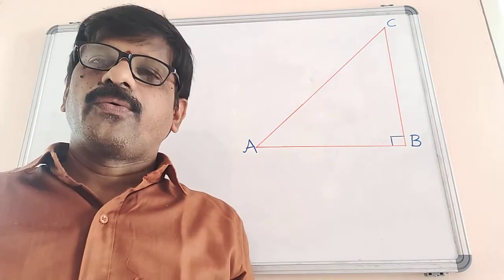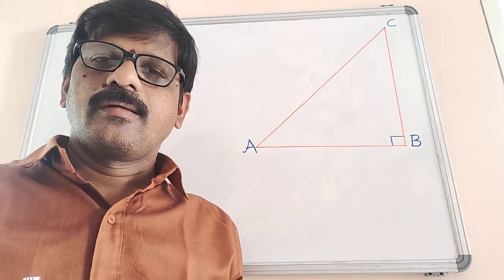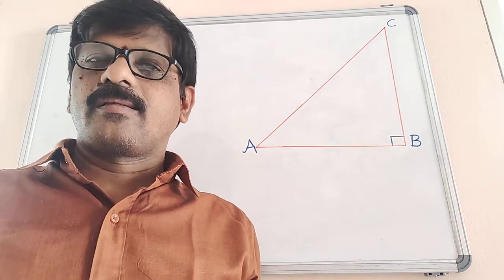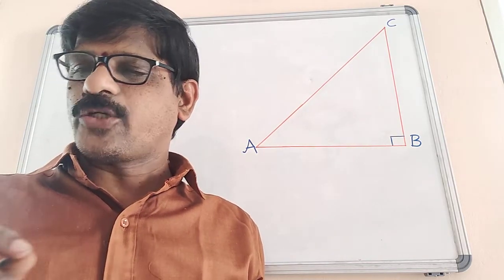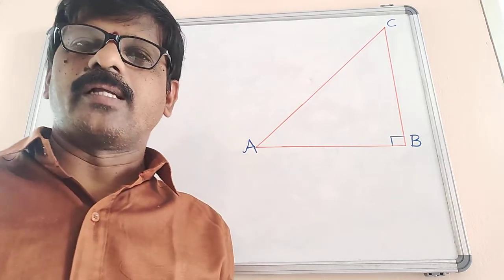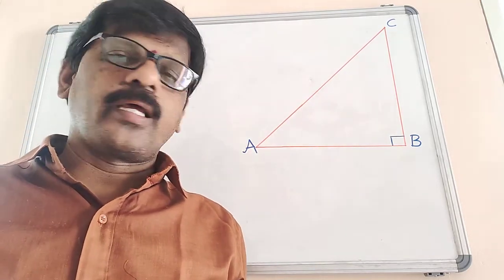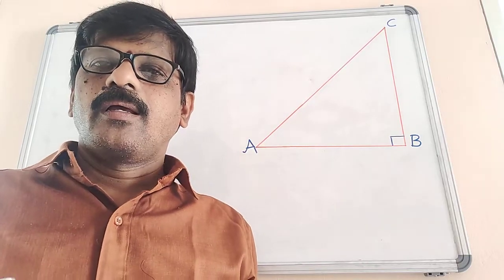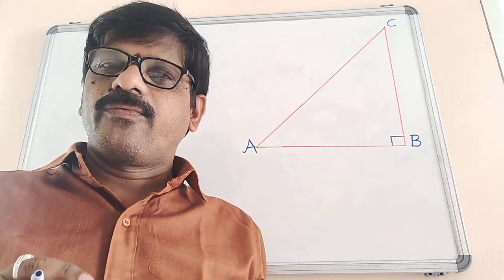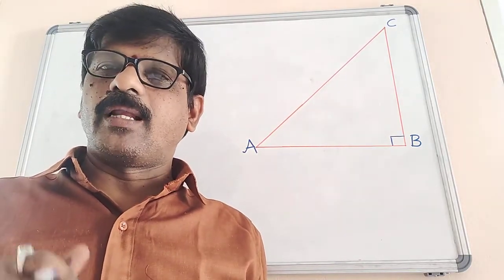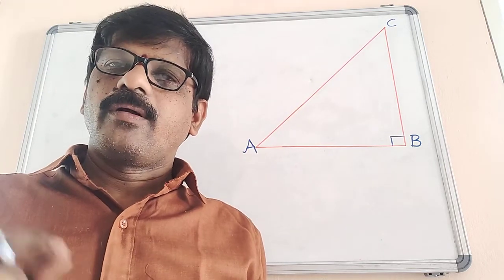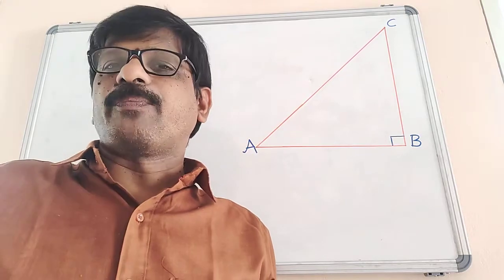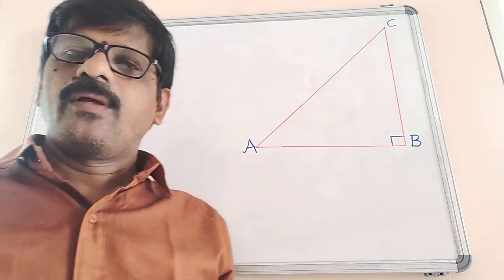Now we have to find the trigonometric ratios of angles. First of all, for 45 degrees, what is the value of sin 45? Similarly cos 45, tan 45, and also their reciprocals.